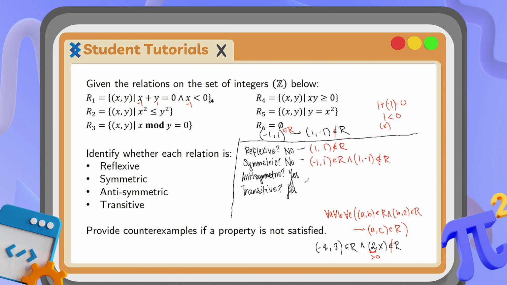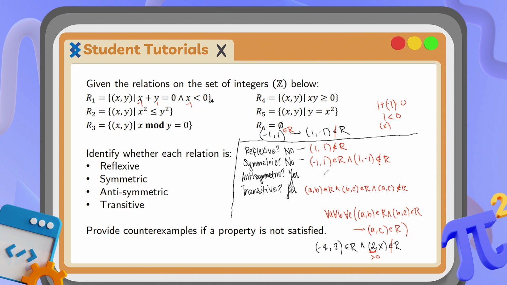To provide counterexamples for transitive and antisymmetric in case you are preparing for the exam, we have AB. Simply state that AB is in the relation, BC is in the relation, and AC is not in the relation.